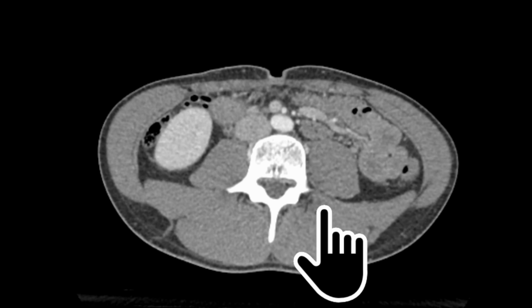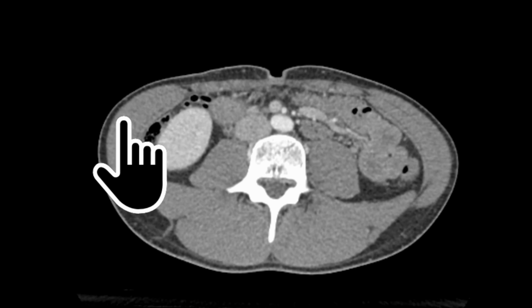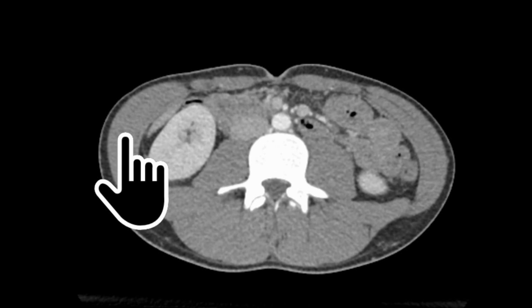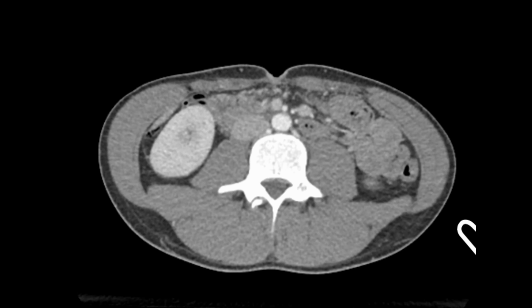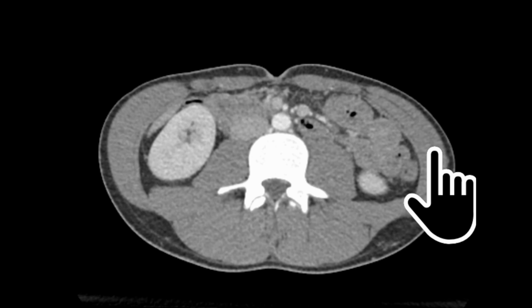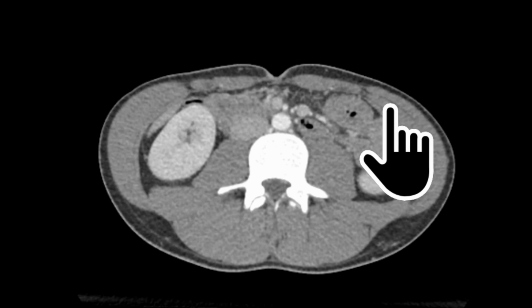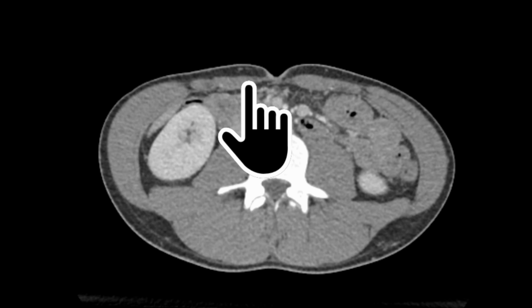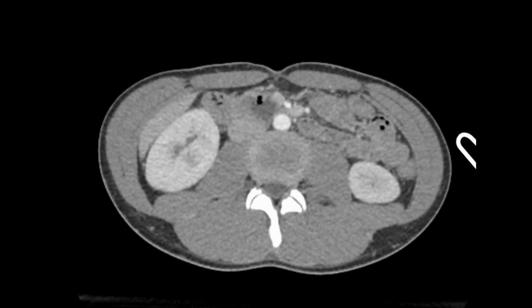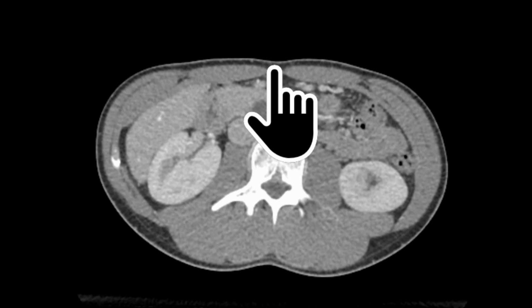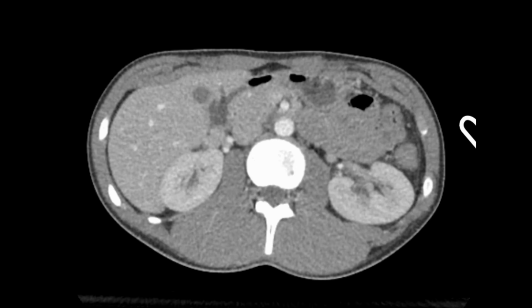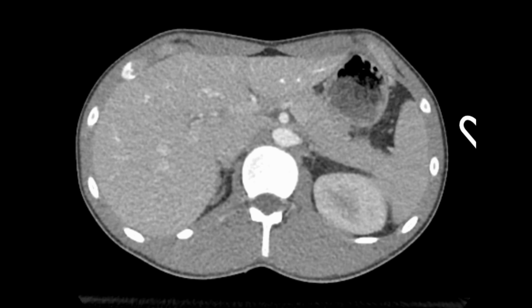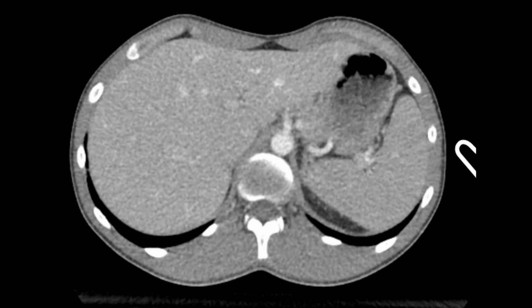So we can also identify the major muscles here. And look, we can see nice, thick three layers of abdominal muscle wall here. And also on this side, so we've got the external oblique layer, the internal oblique layer, and transversus abdominis. And then anteriorly, we have rectus abdominis with the linea alba in the midline here. Look at that. This is a lean, fit young gentleman, I believe.